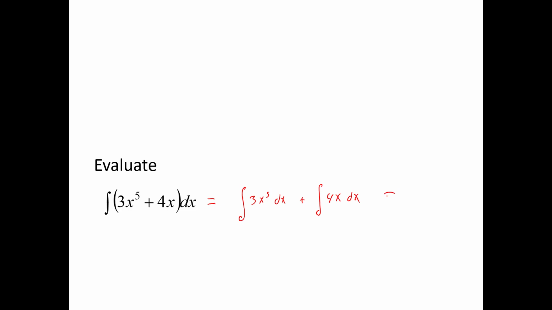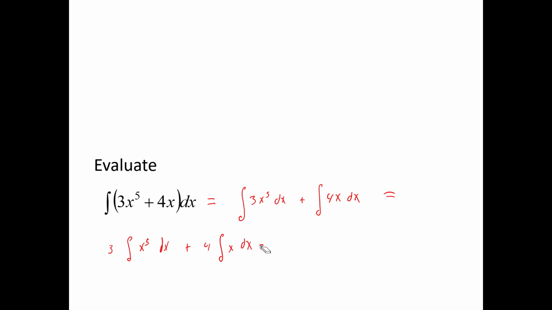Then, because of these constants, we can bring them out and take 3 times the antiderivative of x to the 5th dx and add it with 4 times the antiderivative of x dx.